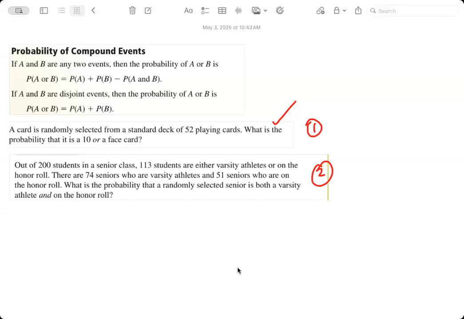Did you get it? I didn't see the answers, right? Oh, really?